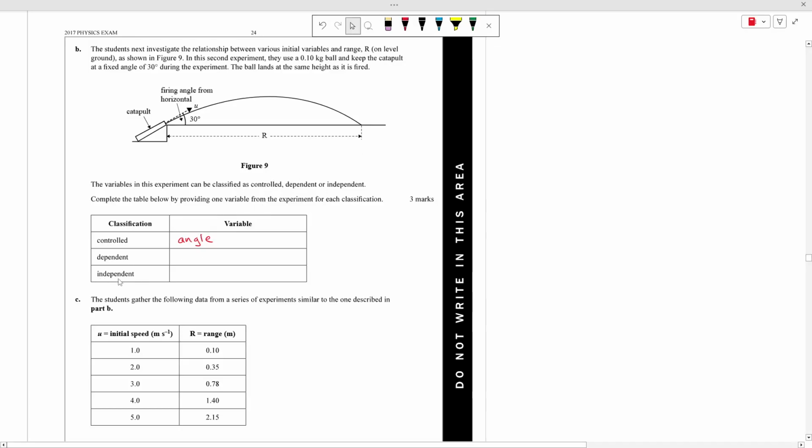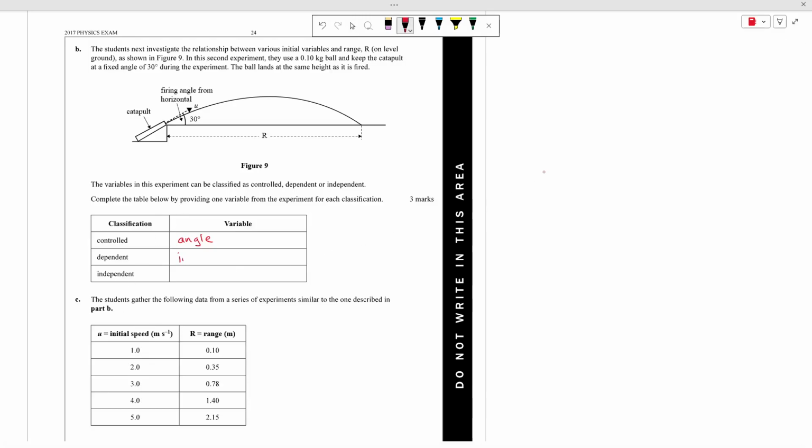Dependent variable, well, let's work out the independent variable first. So the independent variable is the one we are changing ourselves. We're investigating the relationship between various initial variables. It doesn't actually say, but I guess we can assume that we're changing the speed. There's a hint here in part C. So I'm going to say we're changing the speed.